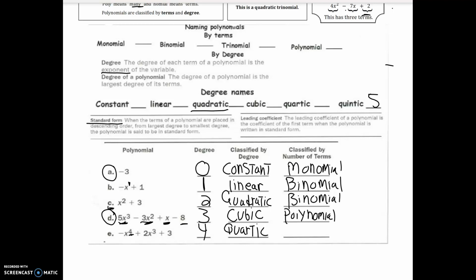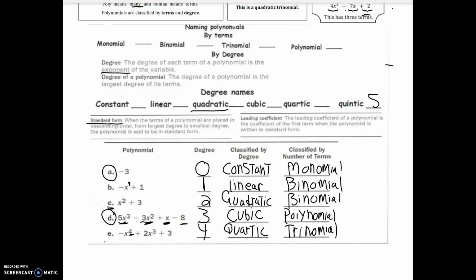And we have 1, 2, 3 terms. So a 3-term is called a trinomial. Again, you will notice that all of these are put in standard form.